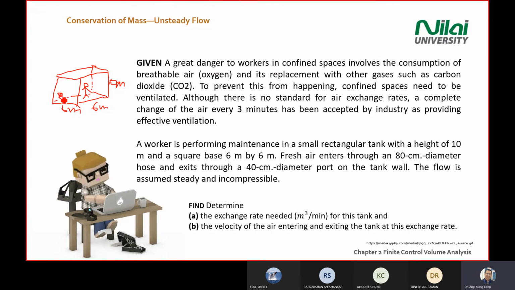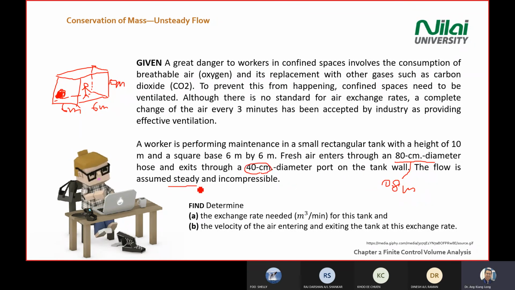The diameter of the hose is 80 cm. This is also one of the traps in the exam or test. So remember to change this to meters. Later on, this one will become 0.8 meter, and this one will become 0.4 meter.